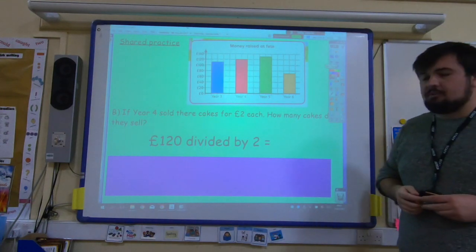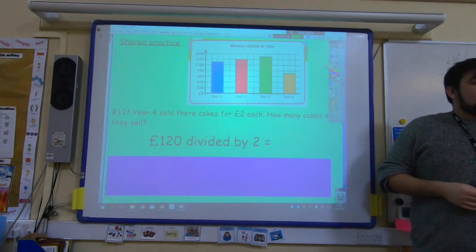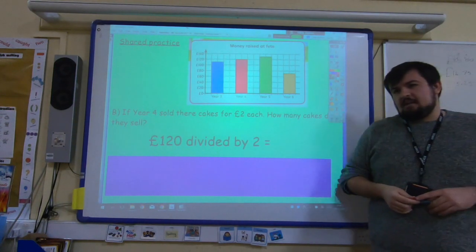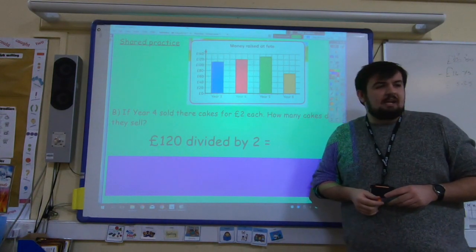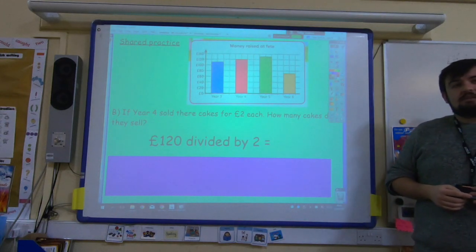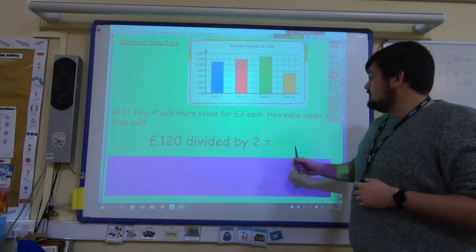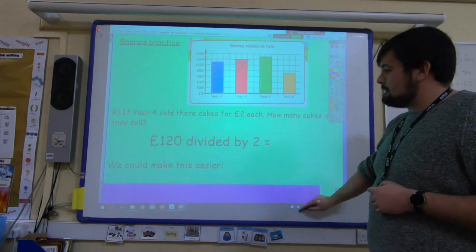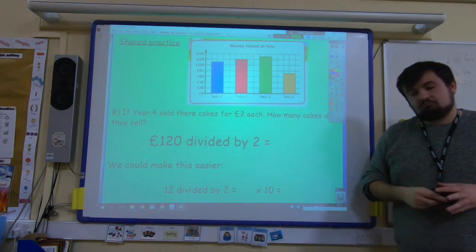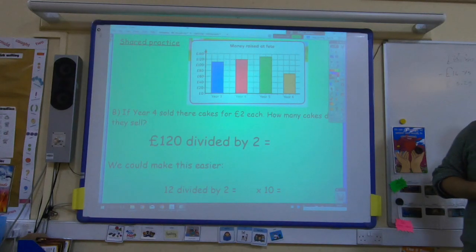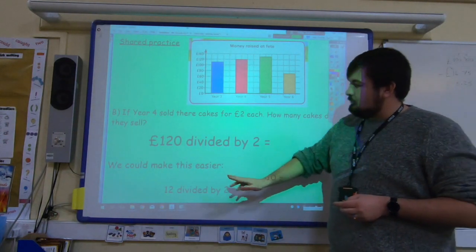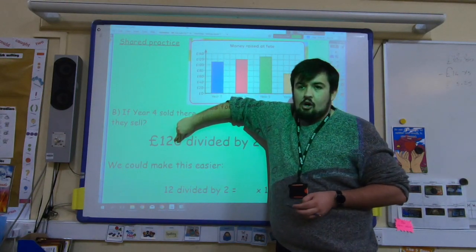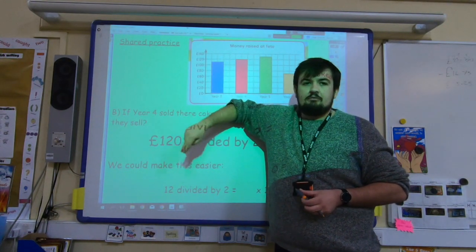120 divided by 2. Well, it's quite a hard one, because I don't know my 120 times table. But I could make it easier for myself. What I've done is I've divided it by 10, so I've covered up one of my zeros. So I've now got 12 divided by 2.